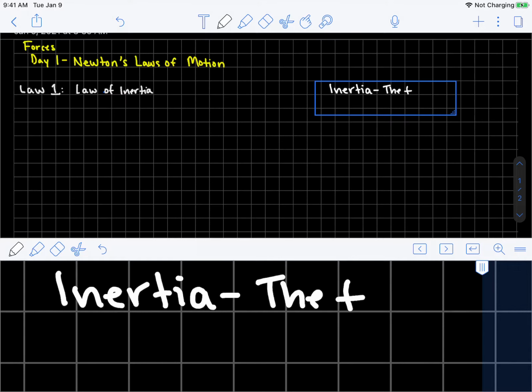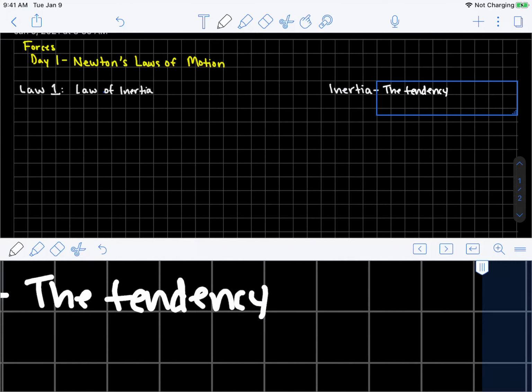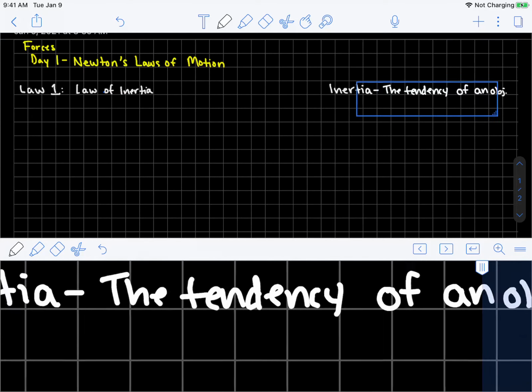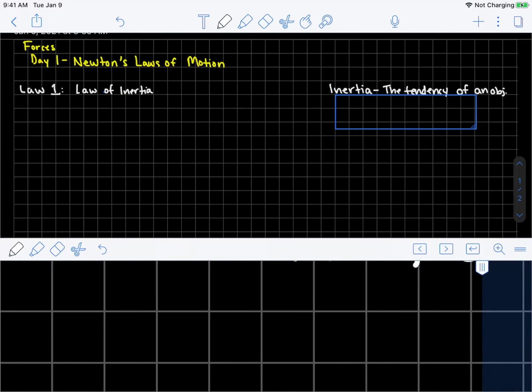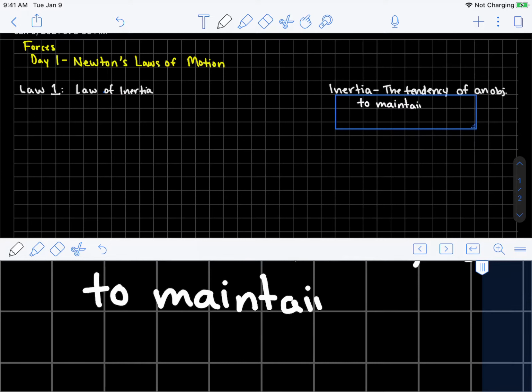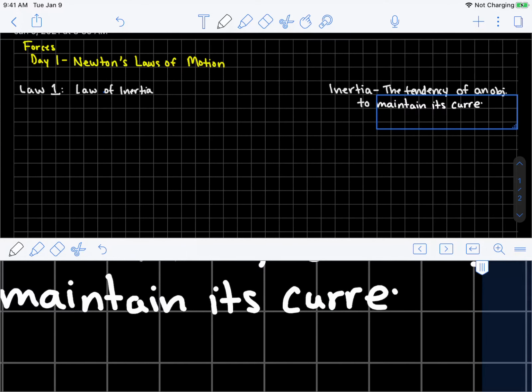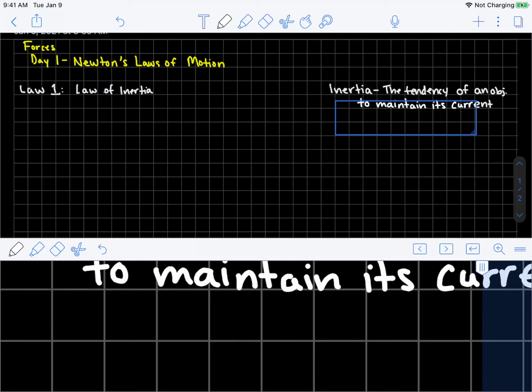So, tendency of an object to maintain its current state of motion.